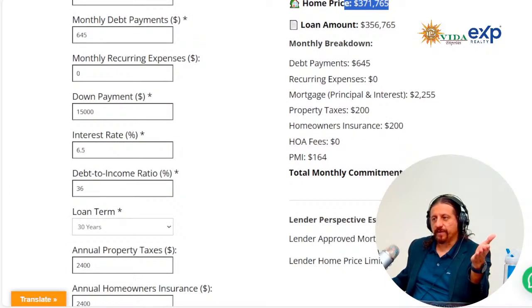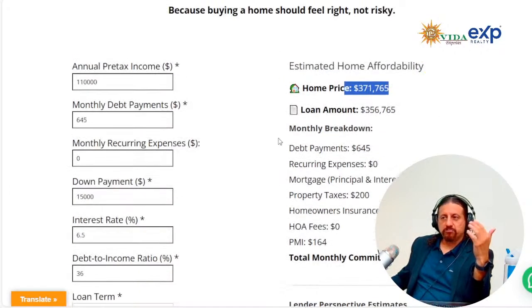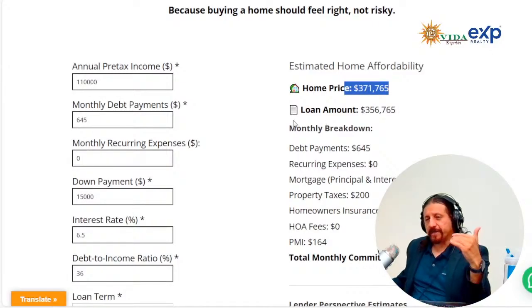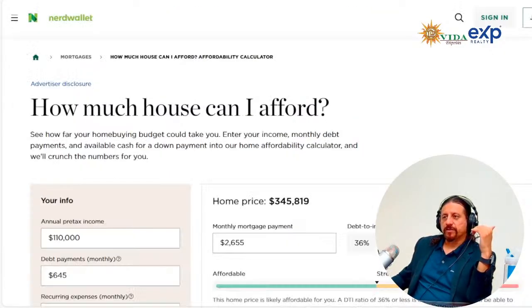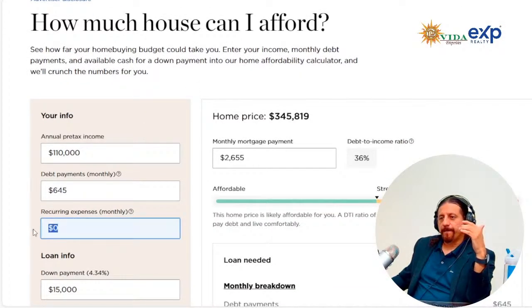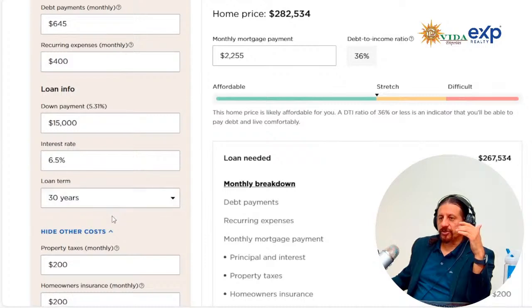Here you have your monthly commitments. To me, it makes sense. Let's go back and now add recurring expenses. So let's go back to the NerdWallet and let's add $400. It will change the PMI.